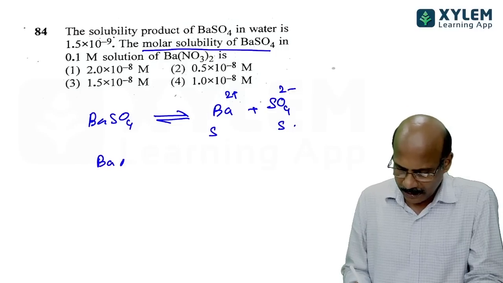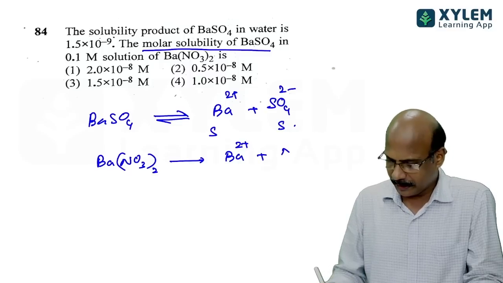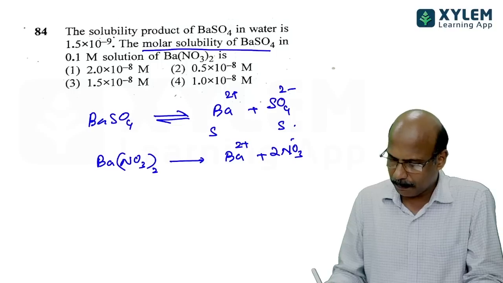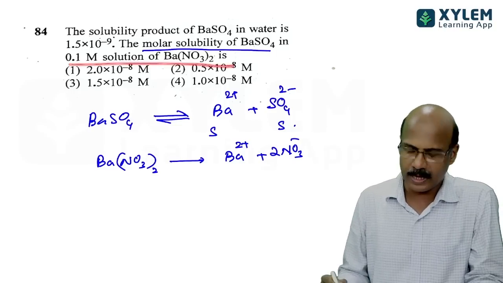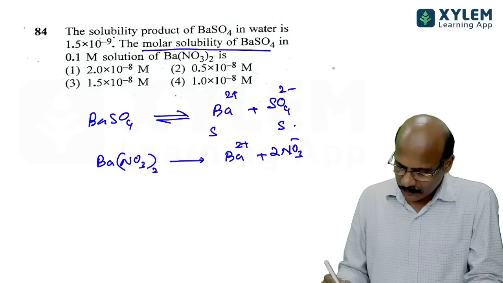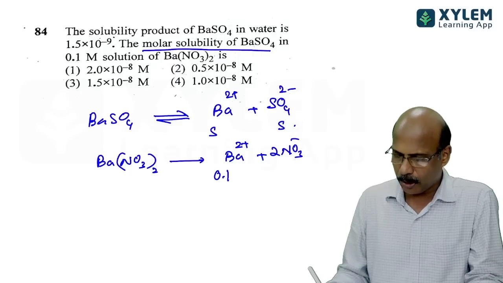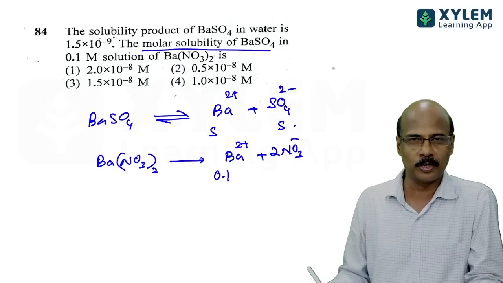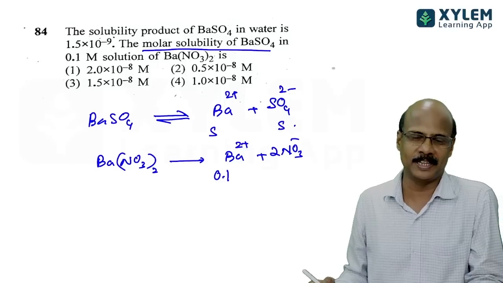Barium nitrate is readily soluble in water, so that the entire 0.1 mole barium ions and nitrate ions are generated by complete dissolution. Clear? Because barium nitrate is a highly soluble salt. So you are getting 0.1 mole barium ion and 0.2 mole nitrate ion already present in the solution, to which you are adding barium sulfate.